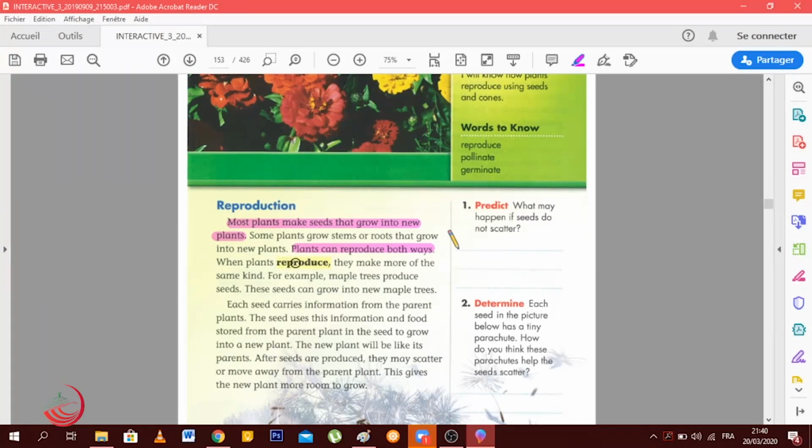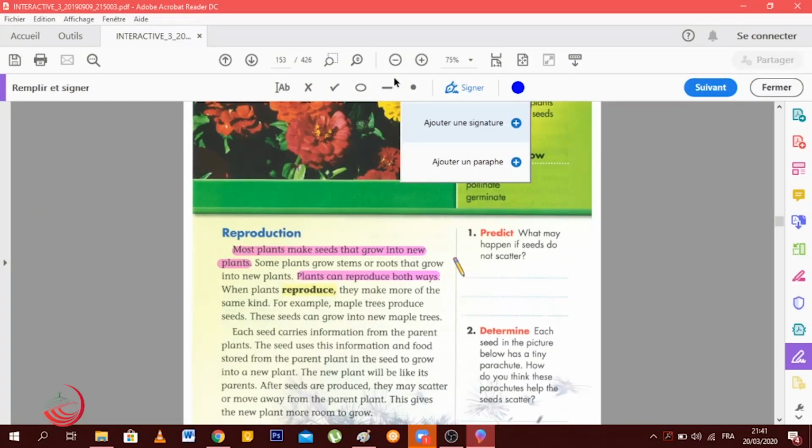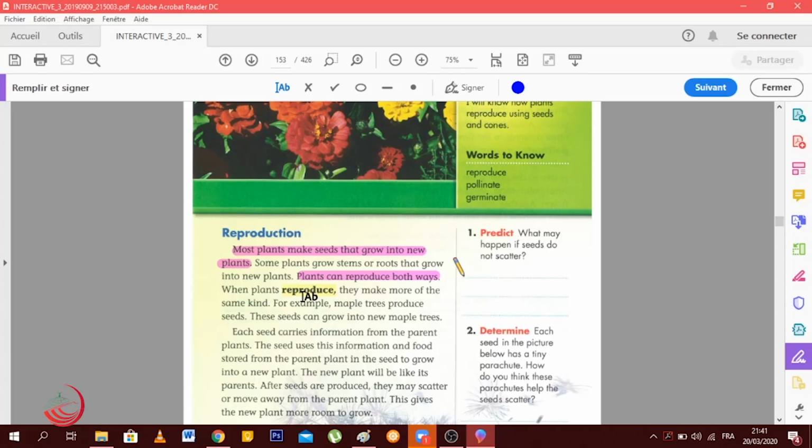So this word is highlighted because it's the most important word here, and we've already talked about it. We break it down into two parts, and we said that the base word is produce, very good. And what is re?